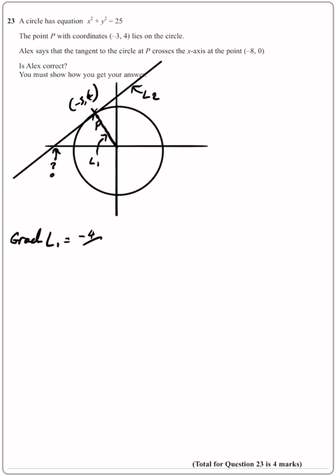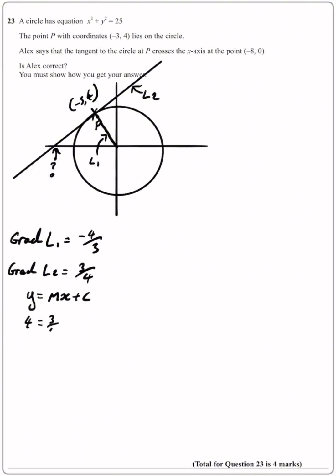Right, the gradient of L1: it goes from the origin to (-3, 4), so it's got a gradient of minus 4 over 3. The gradient of the tangent is the negative reciprocal of that of the radius, so 3/4. Now we know this tangent passes through the point (-3, 4), so we can work out the equation of the line L2.